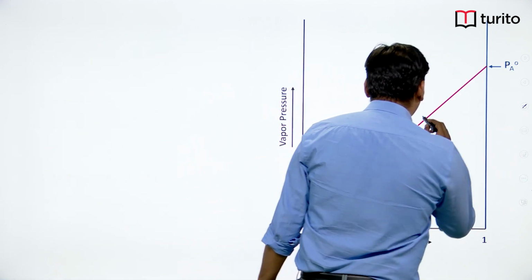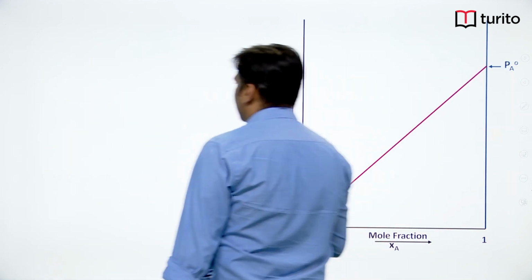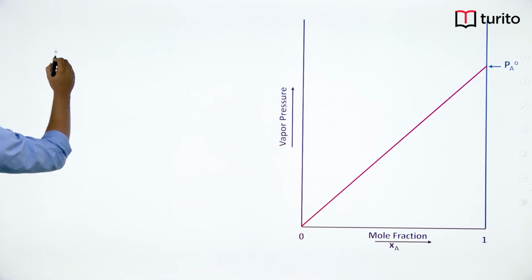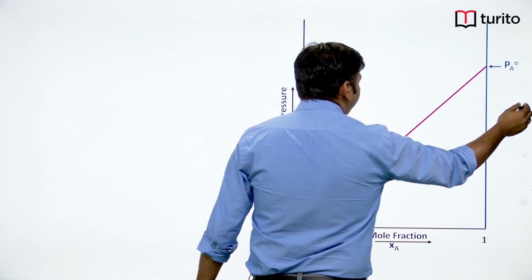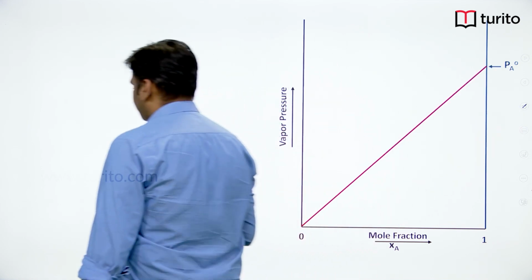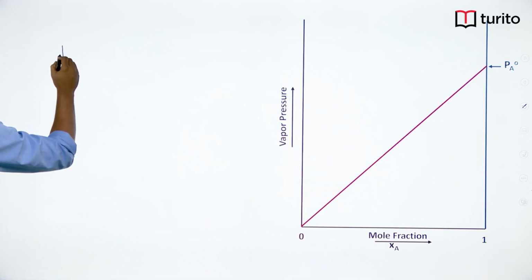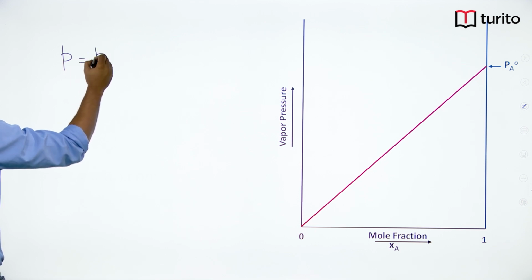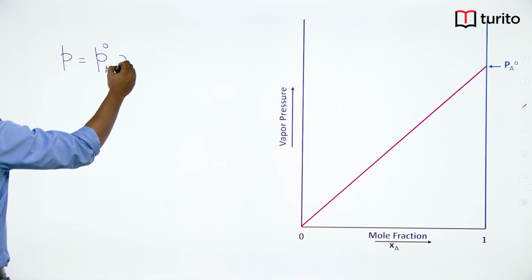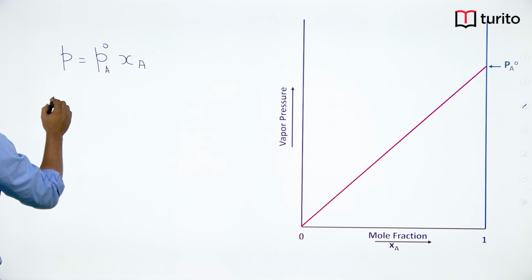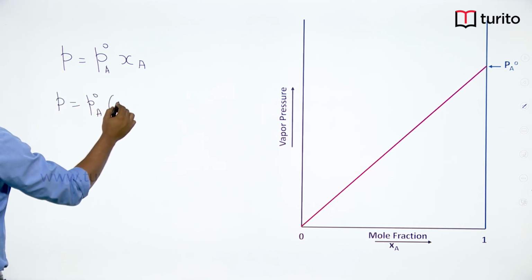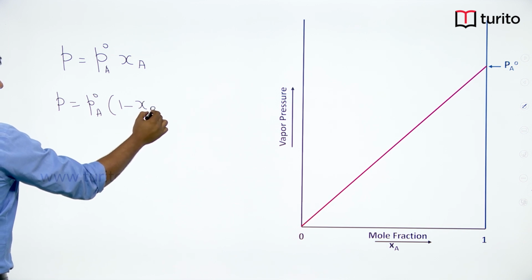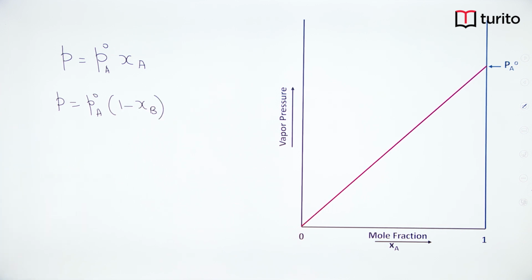One thing I can do over here is say that P is equal to P naught A into XA. If there are two components, A and B, then XA plus XB is 1, so I can write XA as 1 minus XB.